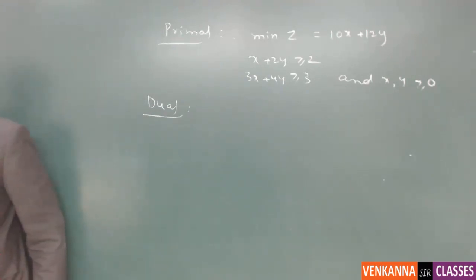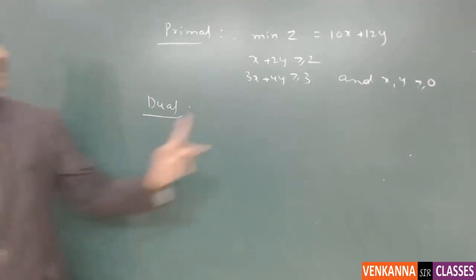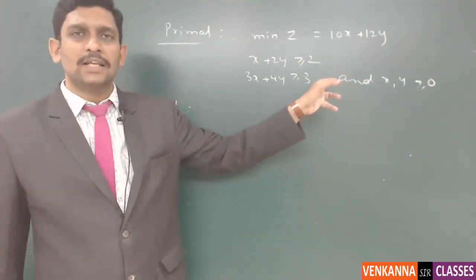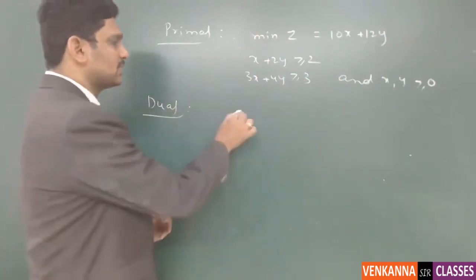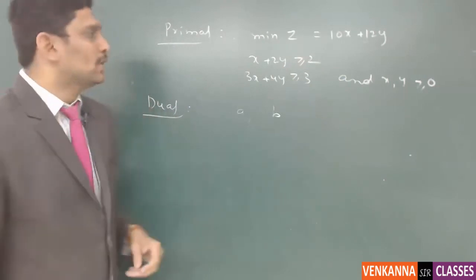So are you with me? Let us do the dual. In the first sense, since we have two inequalities, you take two variables a and b.